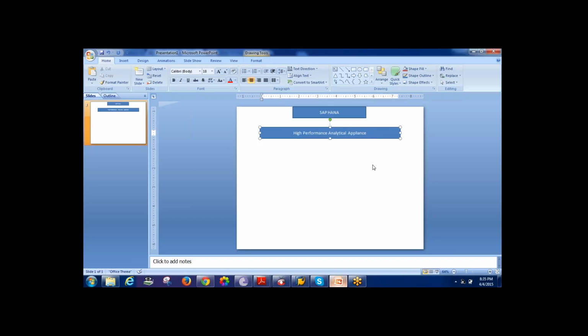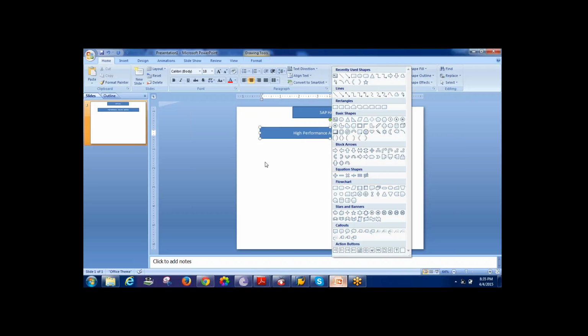This is the name of the system. It is nothing but a database. SAP HANA is called a database.